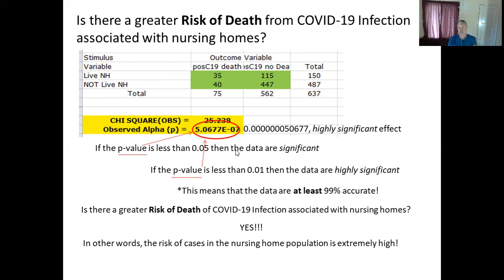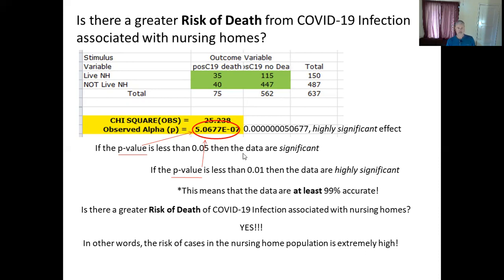Okay, that would mean 95% of the data are true. If the p-value is less than 0.01, then we say that our data is highly significant. This means that at least 99% of all of the data that we have are accurate and the statistic is correct.